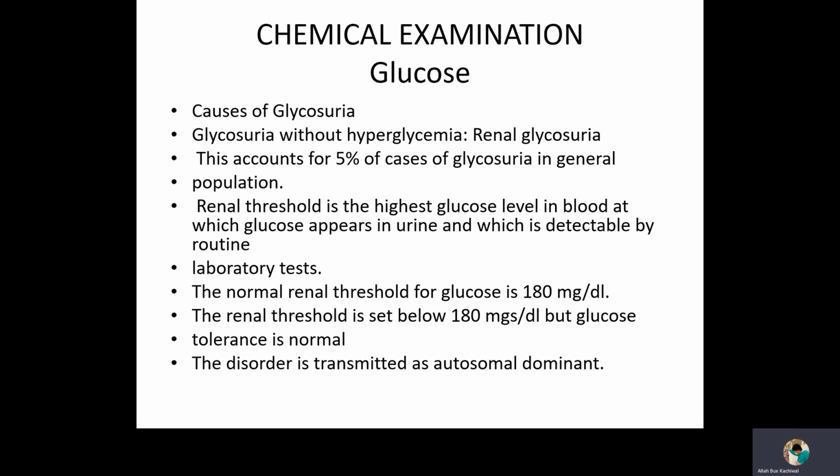Renal threshold is the highest glucose level in blood at which glucose appears in urine, which is detectable by routine laboratory tests. The normal renal threshold for glucose is 180 mg per dL, whereas in renal glycosuria the renal threshold is set below 180 mg per dL, but glucose tolerance is normal. The disorder is transmitted as autosomal dominant.